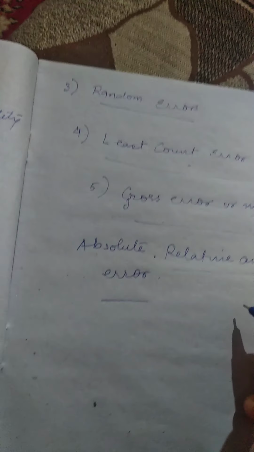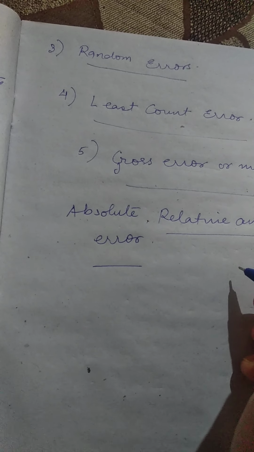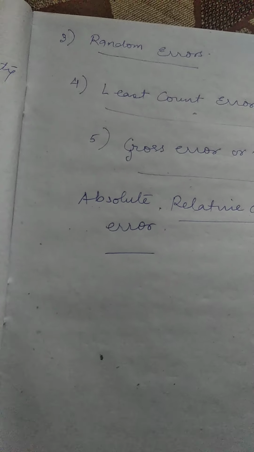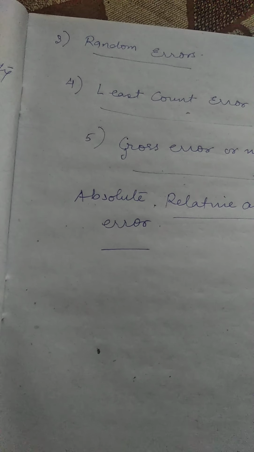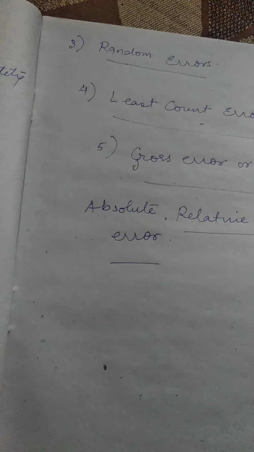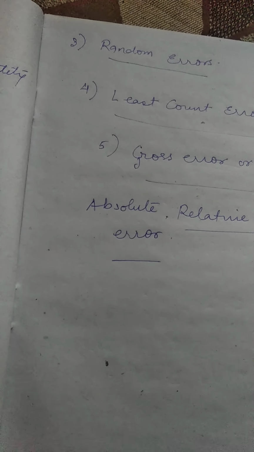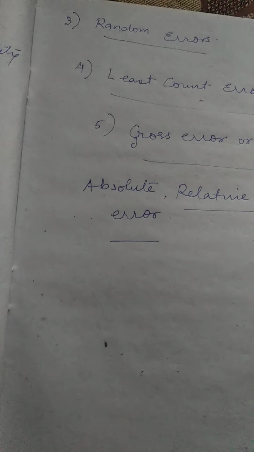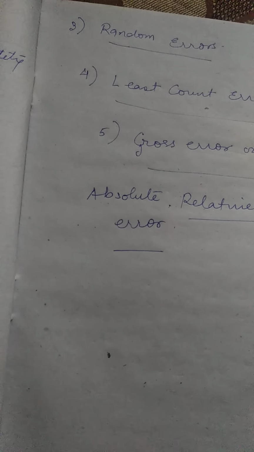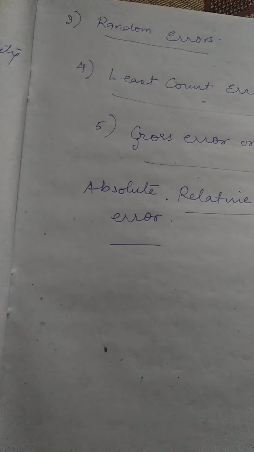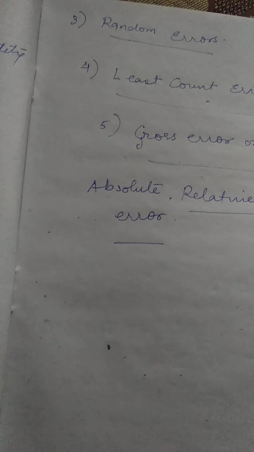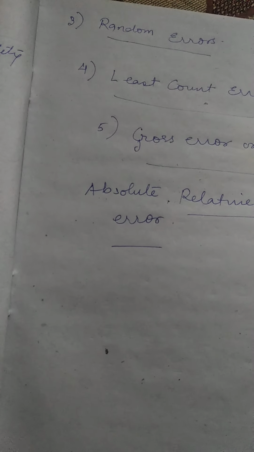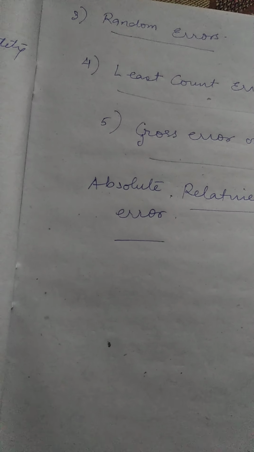Now, what is this absolute error? If you want to eliminate the error caused by randomness, what you will do is take the mean of all the measured values of the physical quantity. So elimination of random error can be done by taking the mean of all the values.